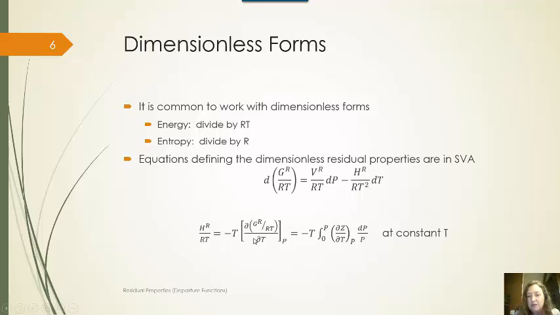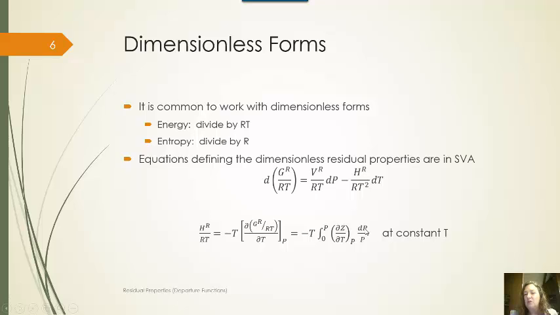Okay. But this expression here, and we can play around. I have not really done this with great detail here, but you can relate these going back to our derivatives and the Maxwell relations, and I can find expressions for these. Frequently they are done in terms of Z. This is convenient because equations of state are frequently written in terms of Z. And so if I do this, I can relate HR to the integral of the derivative of Z with respect to temperature at constant pressure.